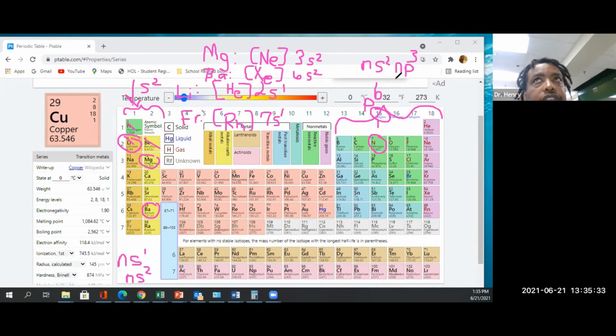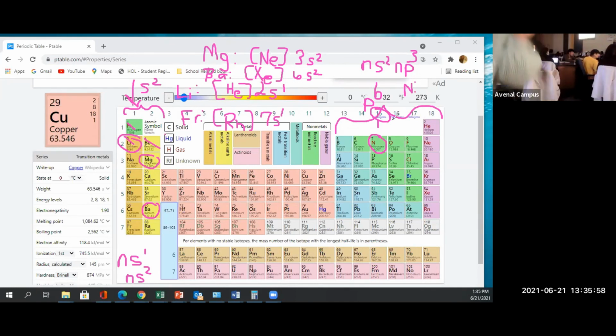Okay, let me give you an example. Let's do nitrogen. What would be the electron configuration for nitrogen using the noble gas shortcut? What would be the nearest noble gas before the element? Helium.